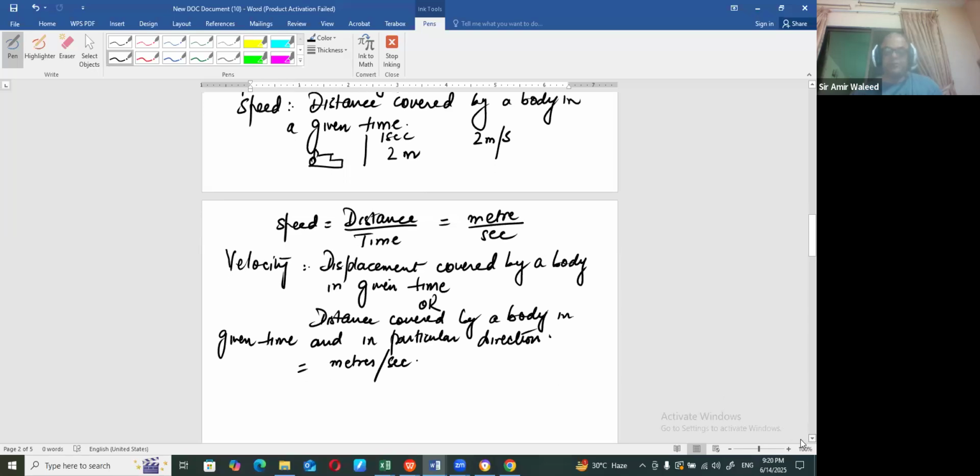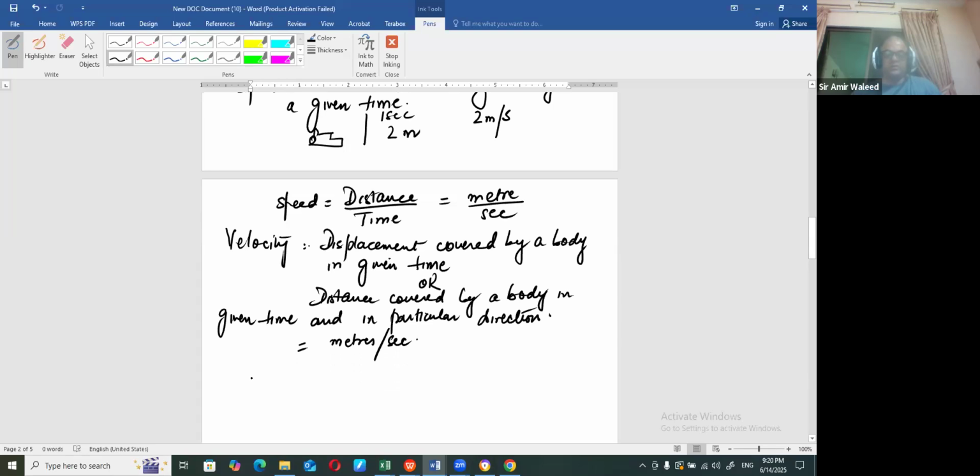Now, another very important point at this point is, let's suppose you have this car here. And let's suppose this car is traveling for 5 seconds. In each second, the car is traveling 2 meters. Let's suppose it's a supercar and it is traveling a same distance of 2 meters in just 1 second.